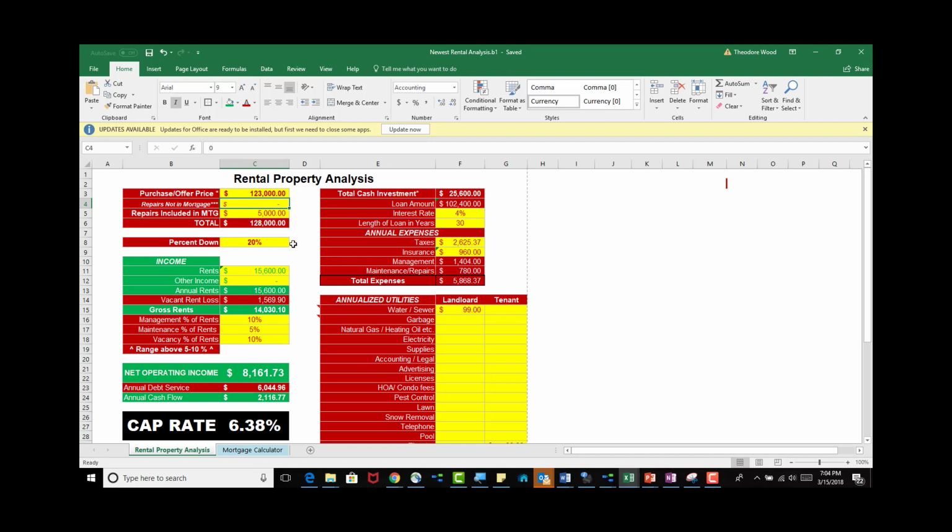Your percent down, if you're going to do a mortgage, 20% down of the $128,000 here, that turns out to be $102,400. You're going to put 20% down. Your cash investment is $25,600. Your interest rate in this particular case happens to be, if you look, it says 4%, but if you look up here in the formula bar, it's actually 4.25.